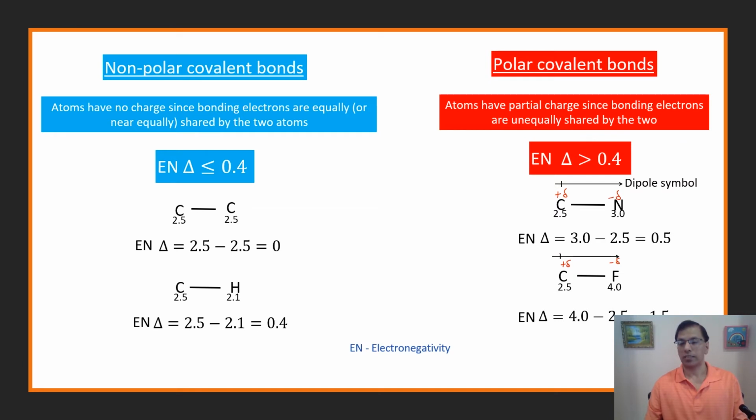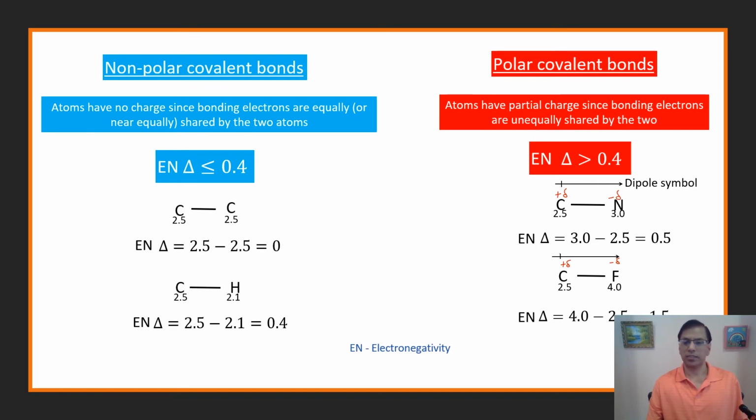And it also has a dipole. Carbon bears the partial positive charge and fluorine bears the partial negative charge. And so you have the symbol of dipole. The arrow starts from the least electronegative element and ends at the most electronegative element.